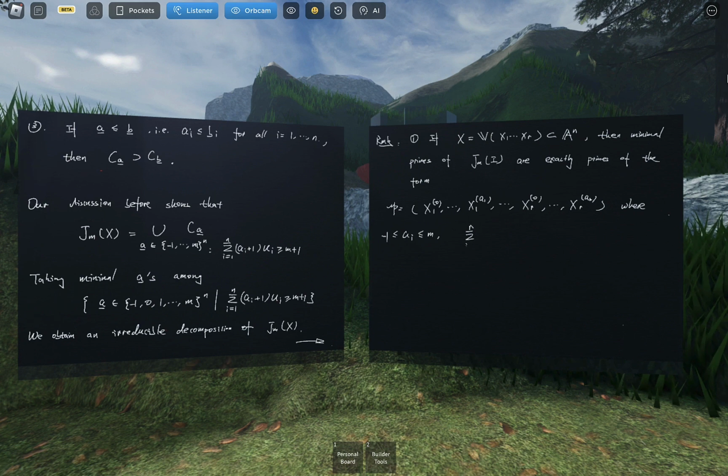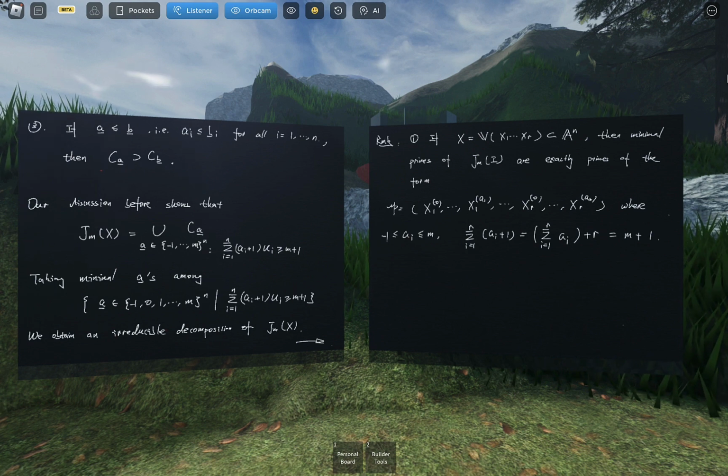So the sum of a_i plus 1 will equal n plus 1.